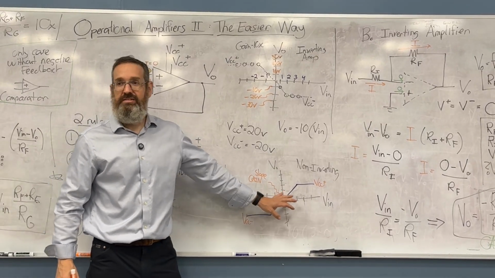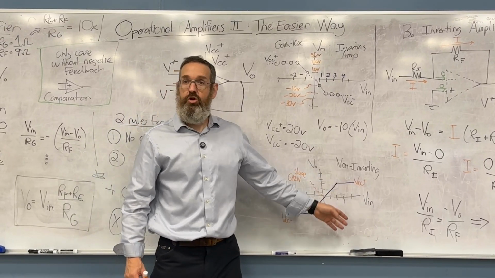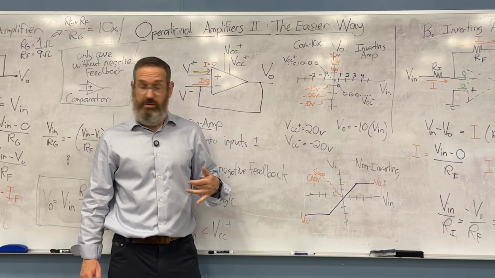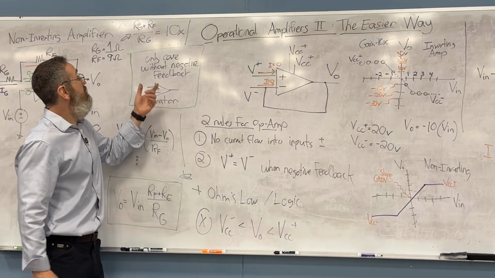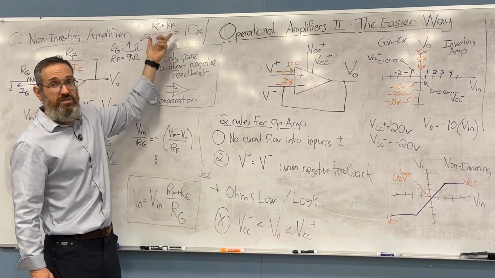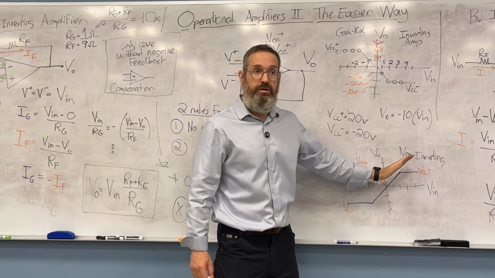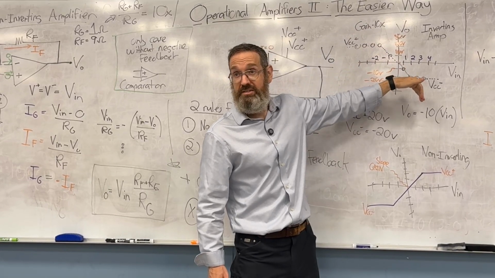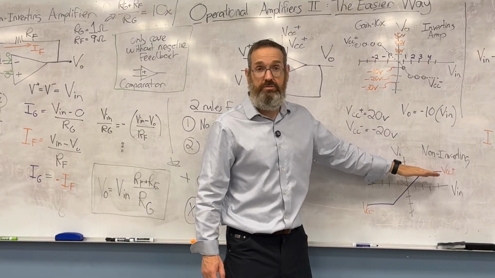I didn't draw this as neatly as I would have liked, but if you can understand what I've drawn here, it means that you've been following all along. This gain is going to be set by this quantity, whatever resistors we happen to pick. You'll notice that this line is going upward because the gain is now positive, whereas this line went downward because the gain was negative, but we will hit these guardrails.